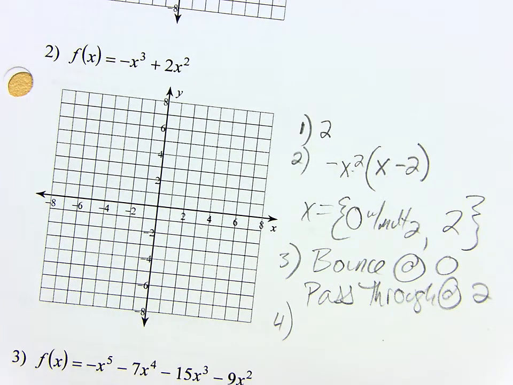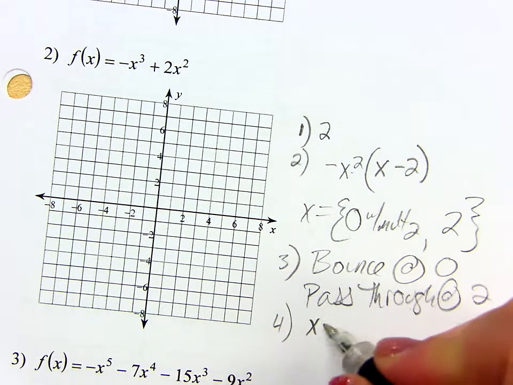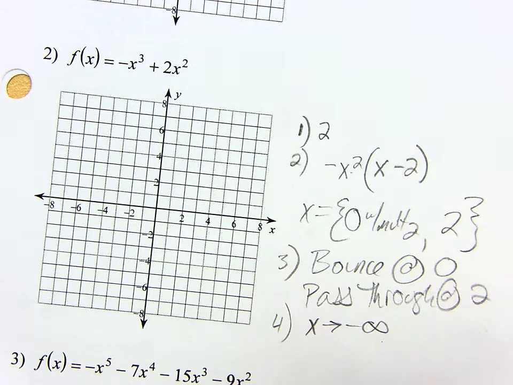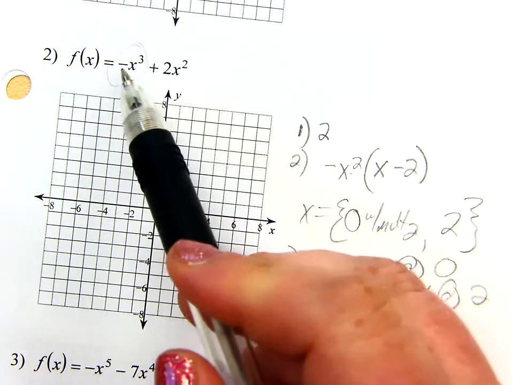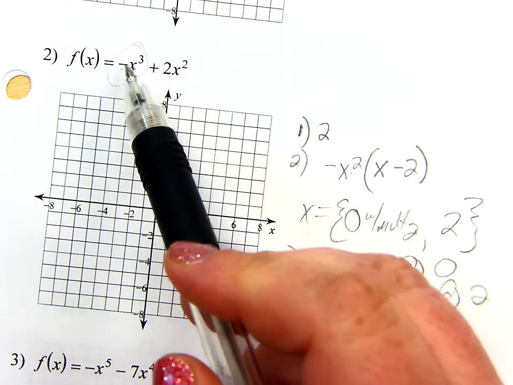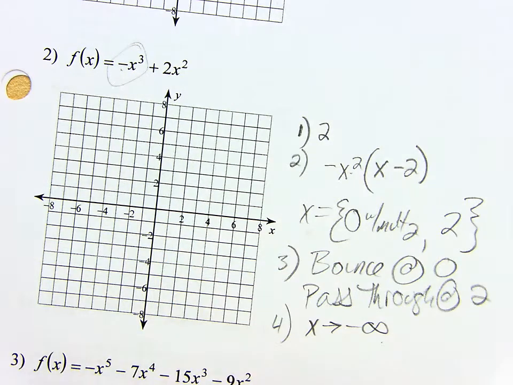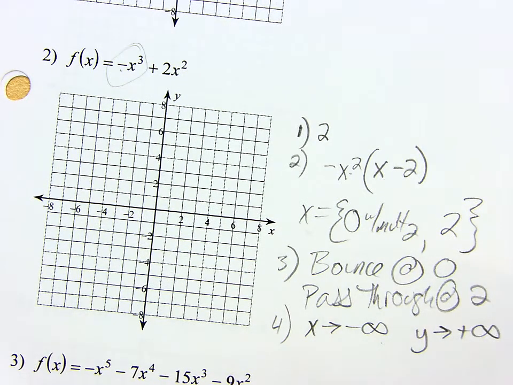4 is describe the end behavior. So as x approaches negative infinity, that's if you do it with your hands, that's what's going on with your left hand. So given this scenario, if your leading coefficient is negative and your degree is odd, what's your left hand going to do? Goes up. Right.